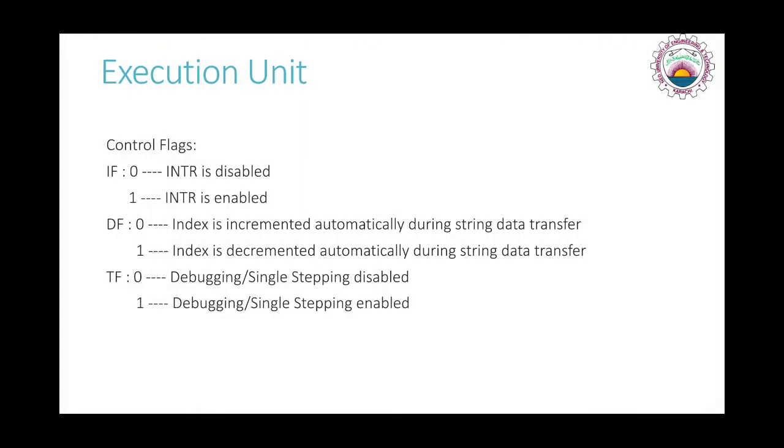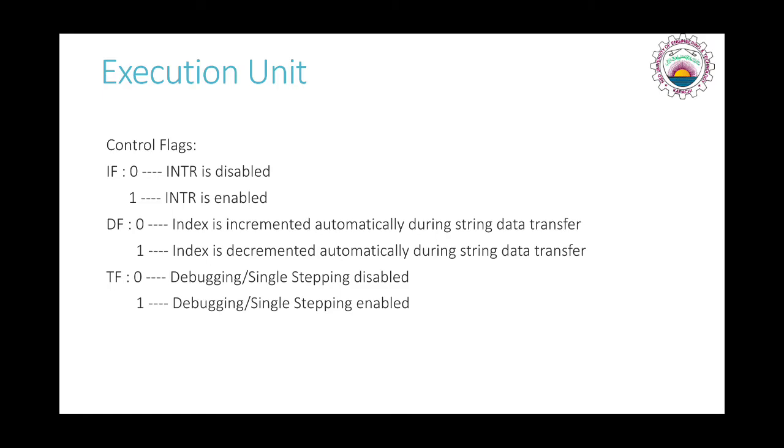In this slide we are having control flags. So the first control flag discussed here is interrupt flag. Interrupt flag may be assigned logic 0 by using an instruction, that is CLI, clear interrupt flag. Interrupt flag may be assigned logic 1 by using an instruction called STI, set interrupt flag.